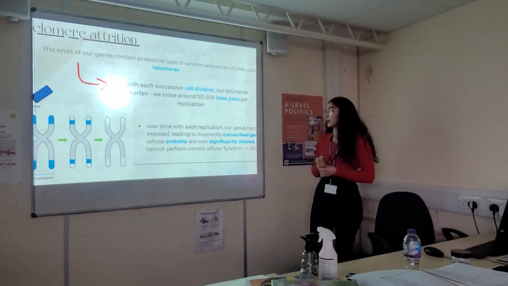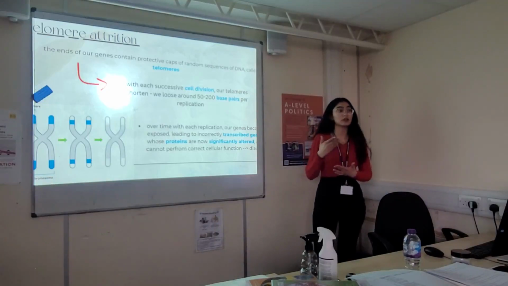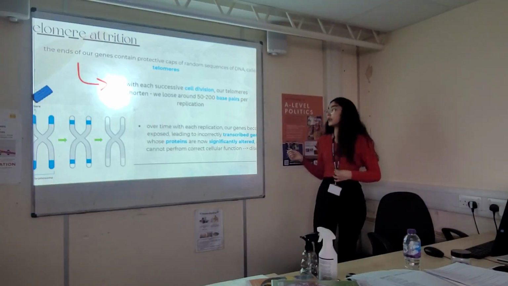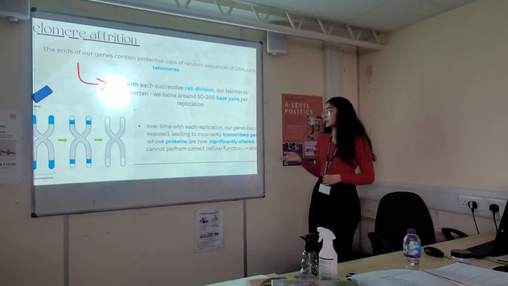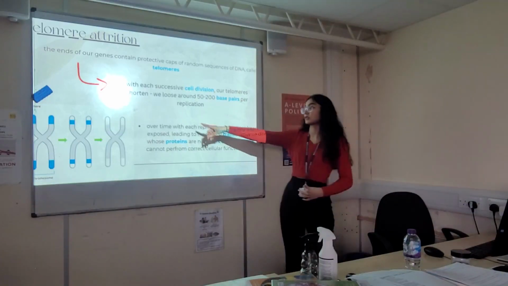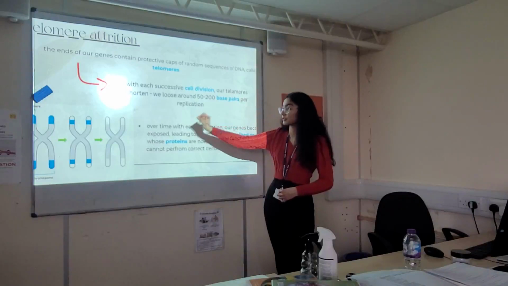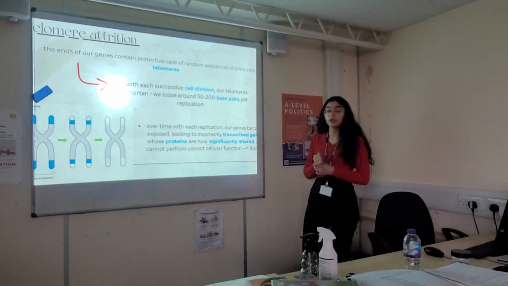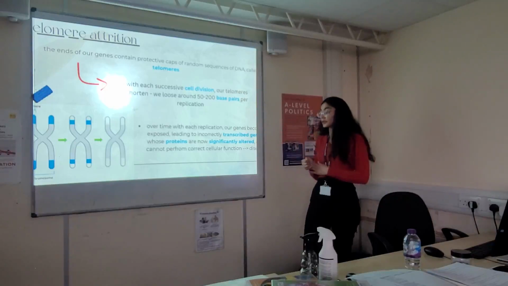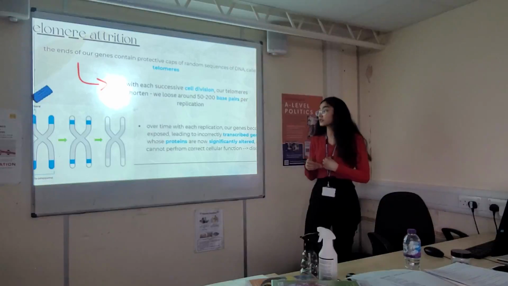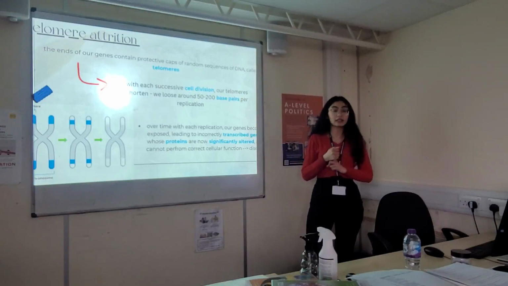Then this becomes worse. As our chronological age increases, with each replication, our genes start to become exposed. So the blue part decreases until it becomes nothing. When our genes are exposed, that means when transcription and translation occur in protein synthesis, the proteins being made in our cells are essentially mutated, and they're really dangerous for our body.